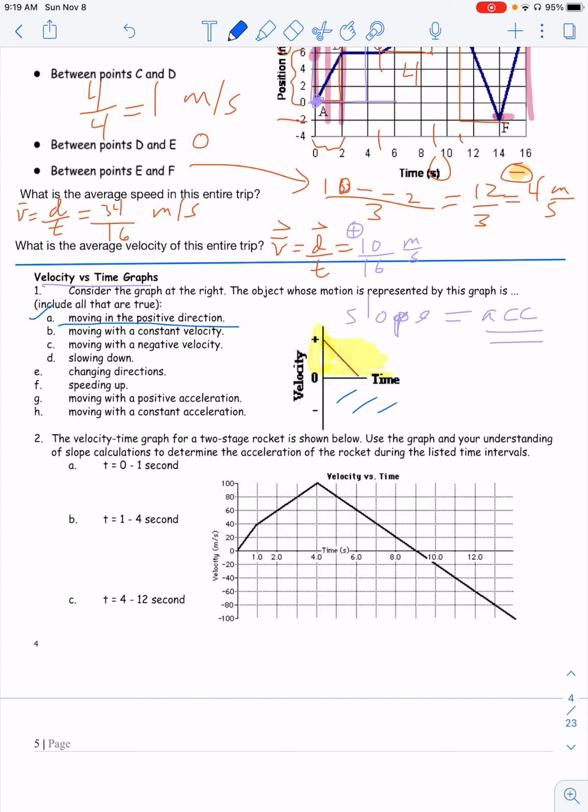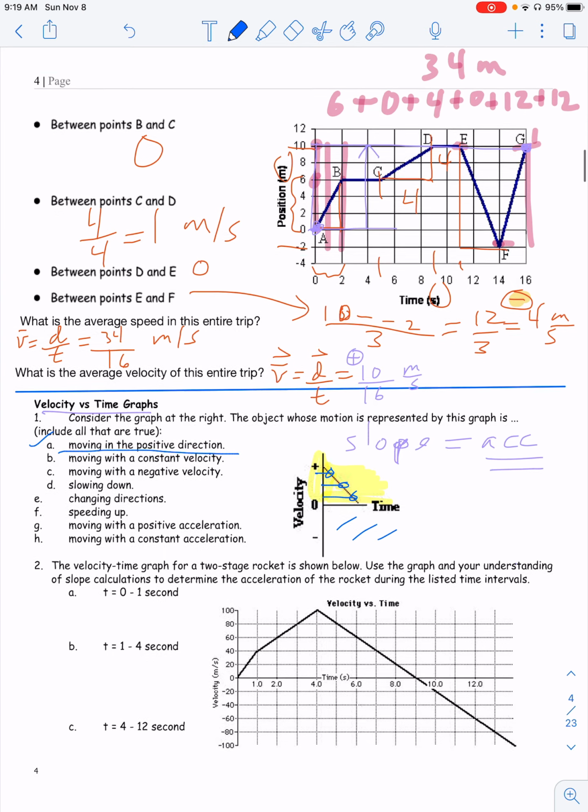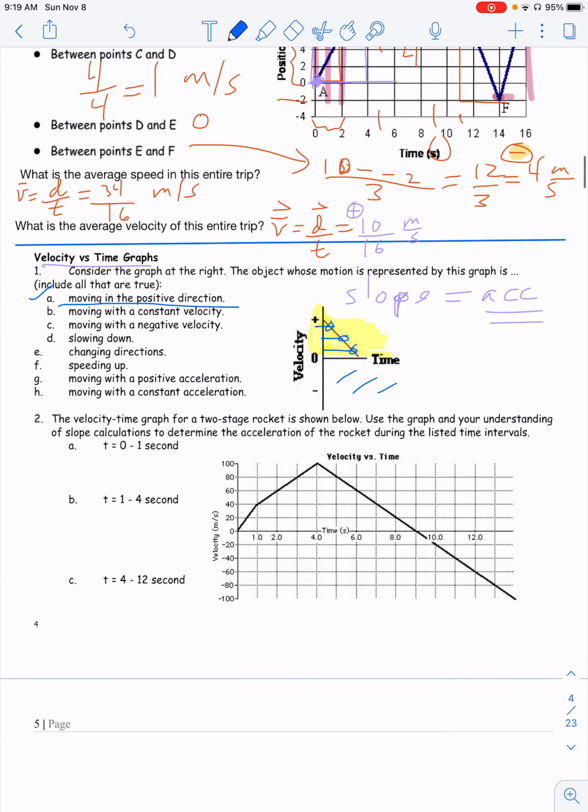Am I moving with constant velocity? No. Look, the y-axis is velocity, and the velocity is decreasing. So, no. Moving with a negative velocity? No, we said it's only moving with positive velocity.